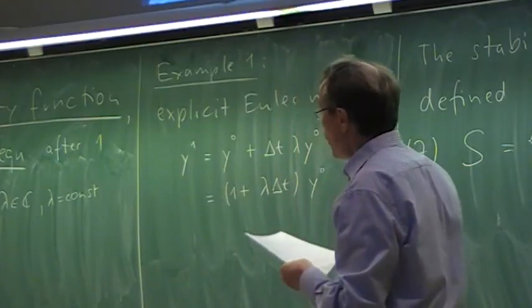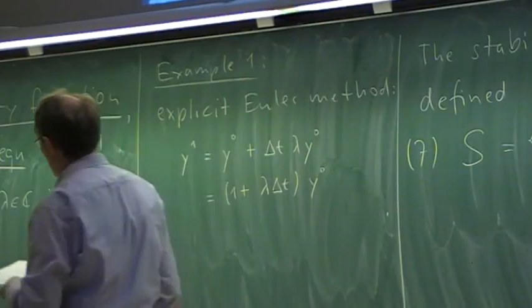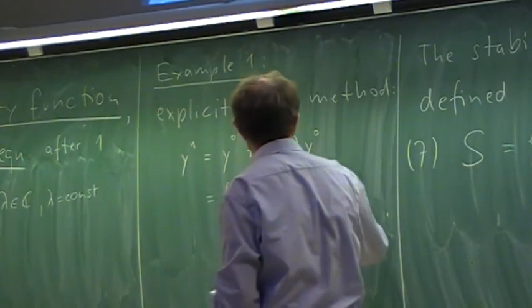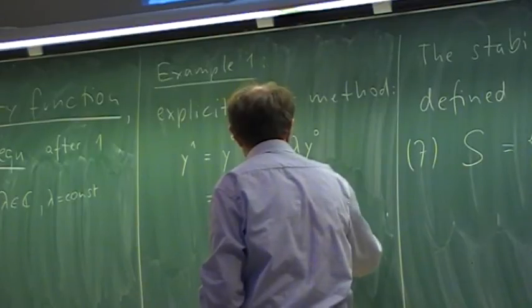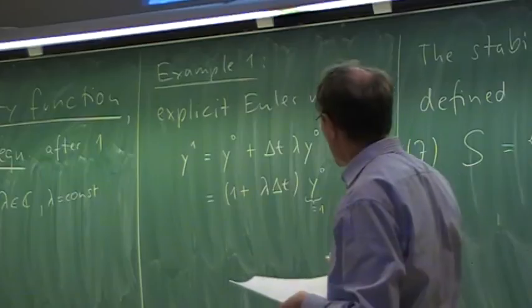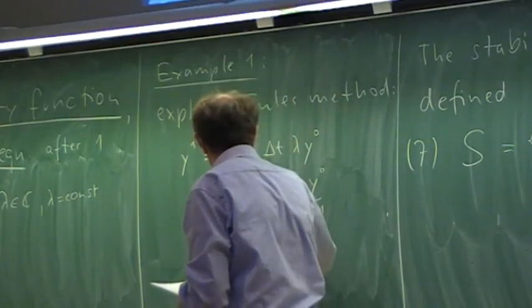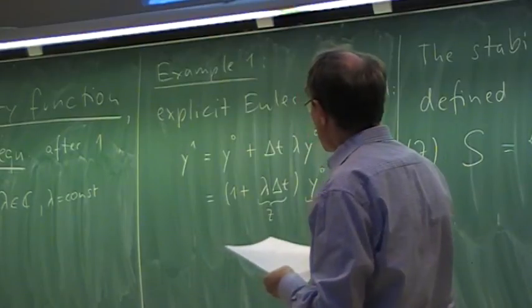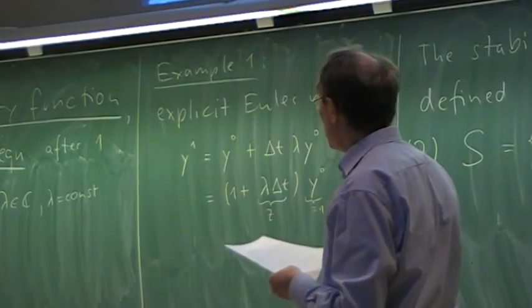And the y0, well, I could have also written the index here as the initial condition. So this is 1 in our case. So that means, and this we call z, that what we get here is simply 1 plus z.